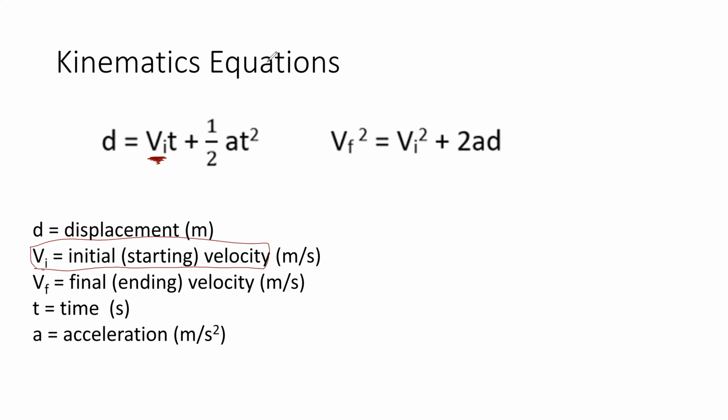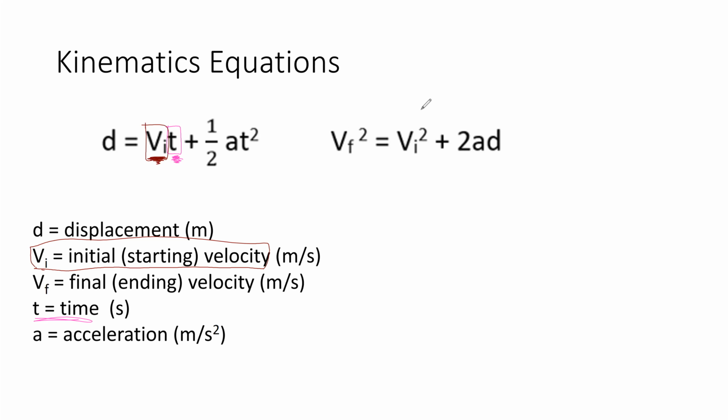And then you have T, okay? So if you have a highlighter or something, or you want to draw boxes around it, that would be great. So T is time, so I'll box it. Here's your T. Here is your VI.